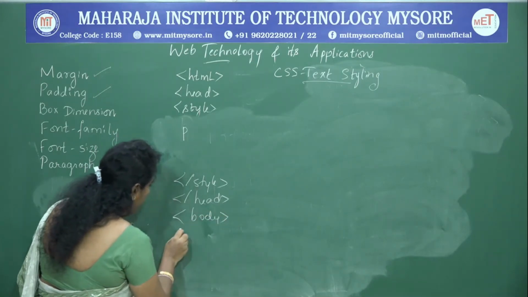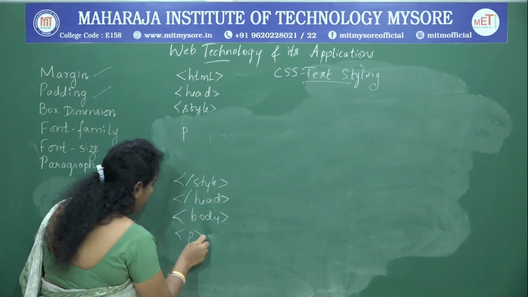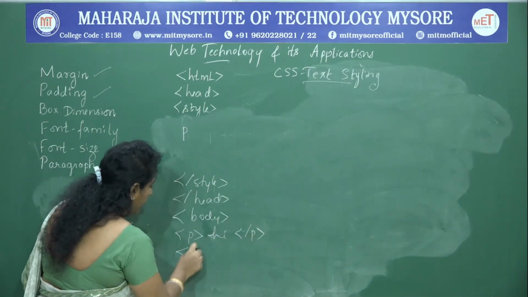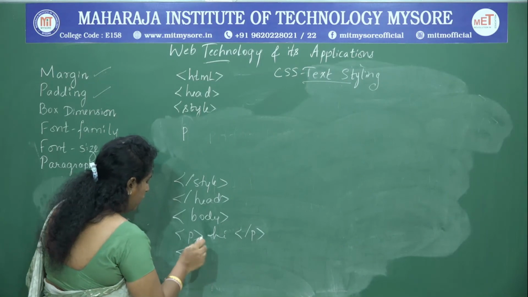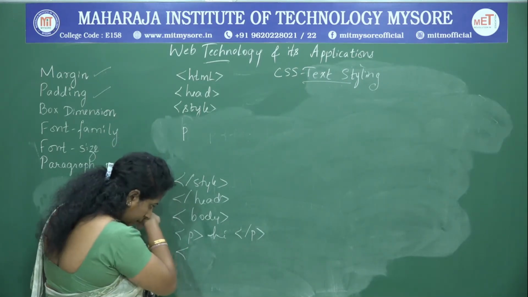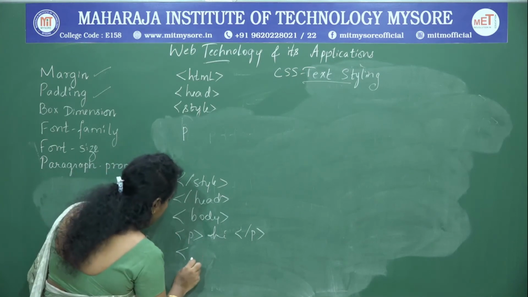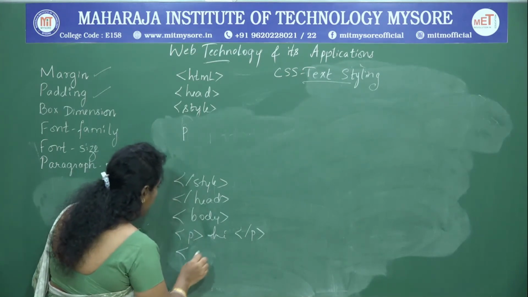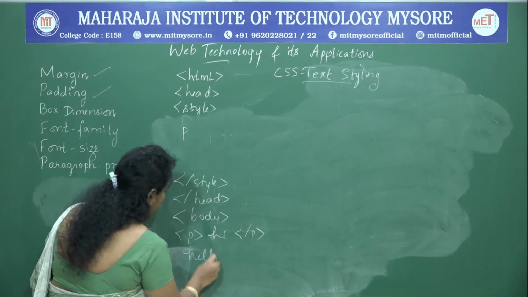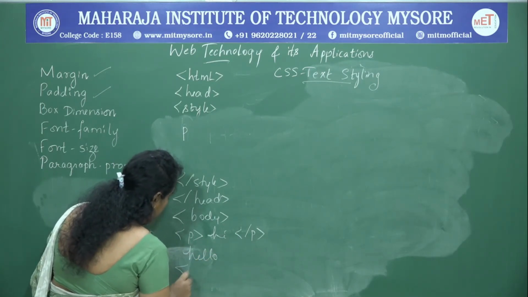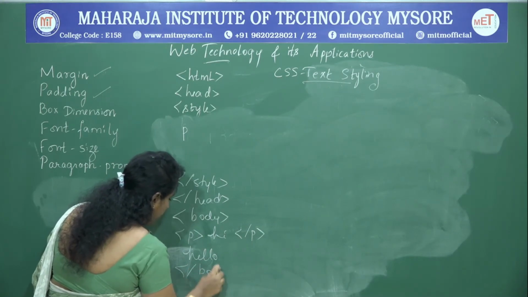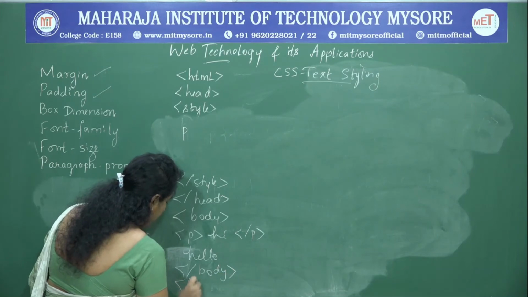I will give a paragraph message, hi, then H1. Instead of H1 I will simply print a message hello, which is not a paragraph. Now I will end the body, and also end the HTML.